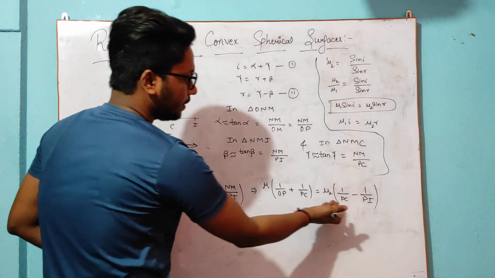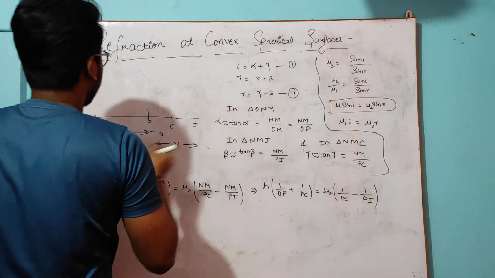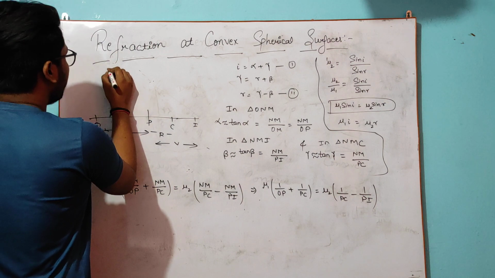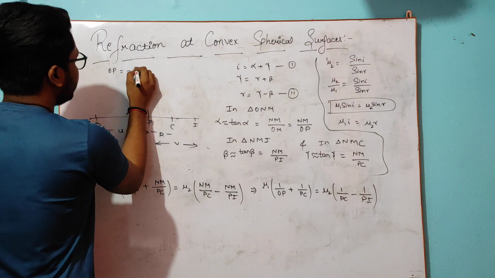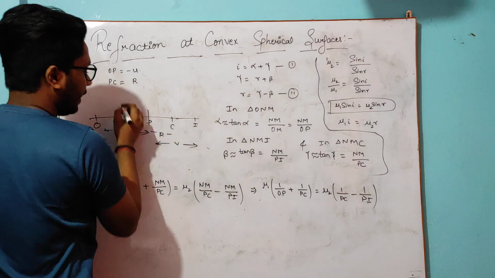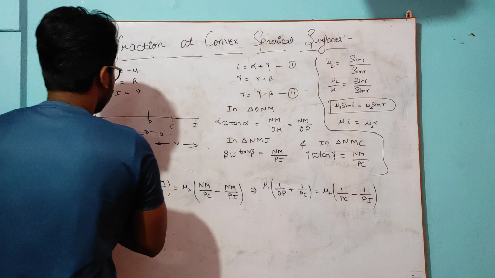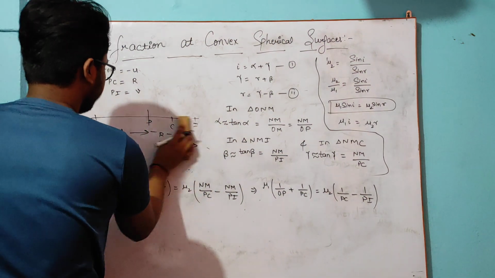PC is taken to be positive and PI is taken to be positive. So OP is minus U, PC is R, and PI is V.